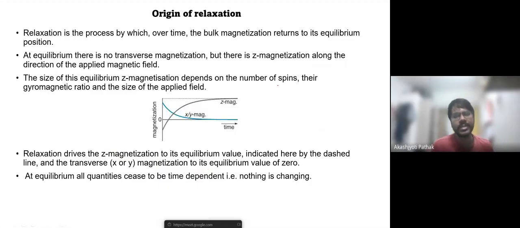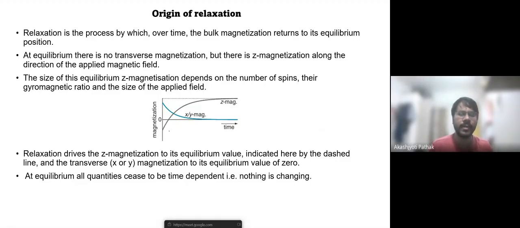Now, the origin of relaxation. Relaxation is the process by which, over time, the bulk magnetization returns to its equilibrium position. At equilibrium, there is no transverse magnetization. When you apply an external magnetic field, the bulk magnetization is tilted from its axis.